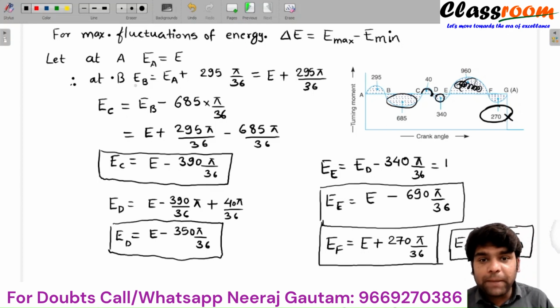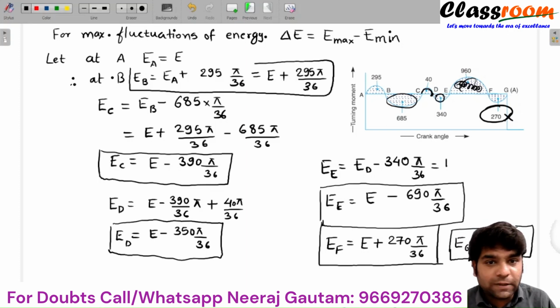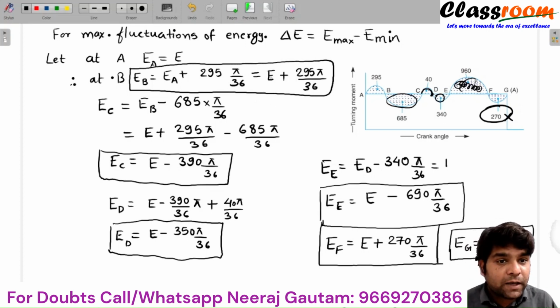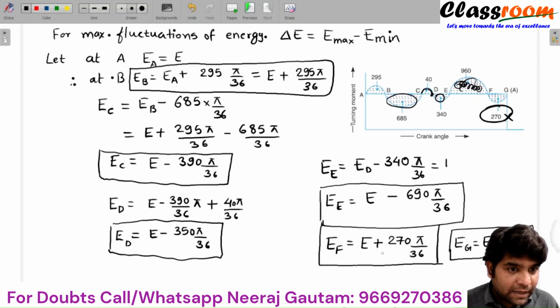Now you can compare the energies from all these relations, to see which has a maximum value. Here you are adding E plus 295 times pi by 36, and here E plus 270 pi by 36. So only two energies have a plus sign.